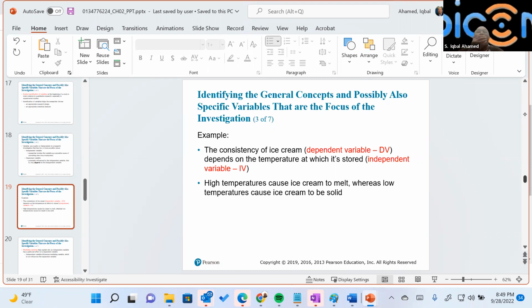And if you are storing it at low temperature, then it becomes solid. So in a domain, try to find out which one is dependent on another, or what the independent one is. One particular thing is changing, that's the independent one, right?